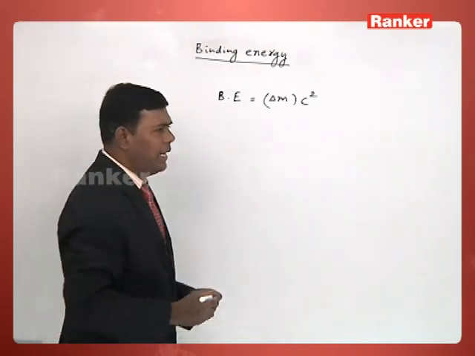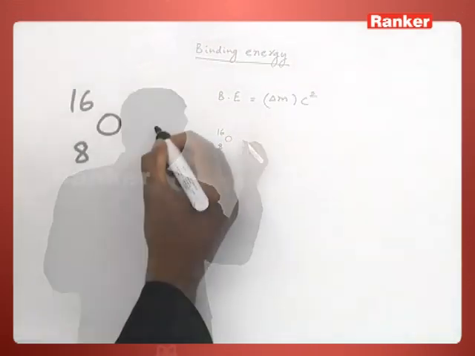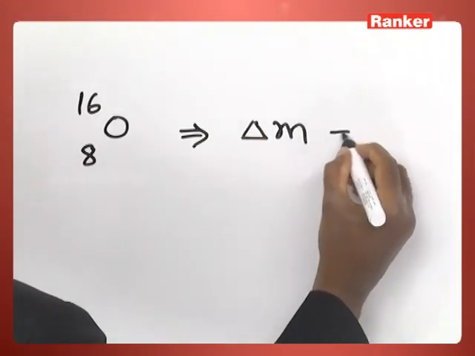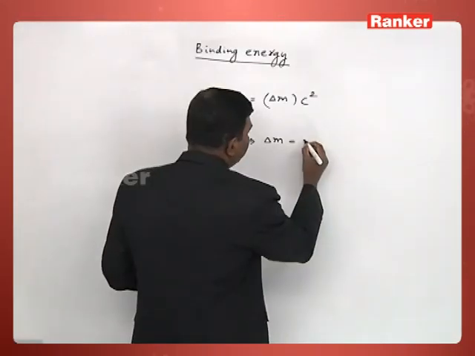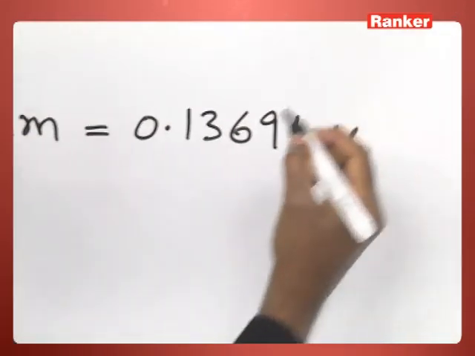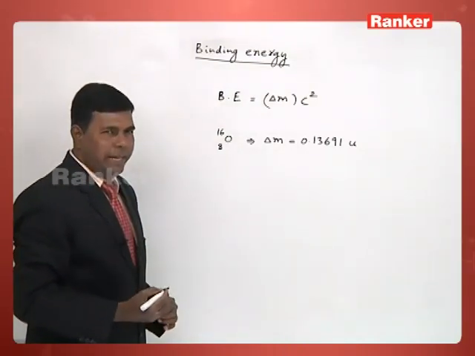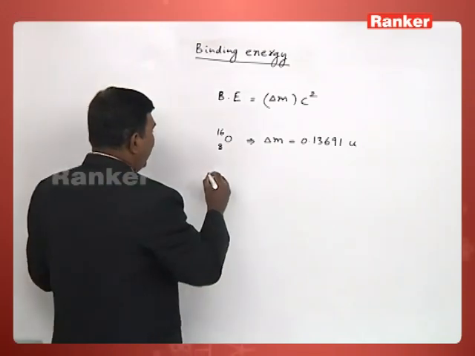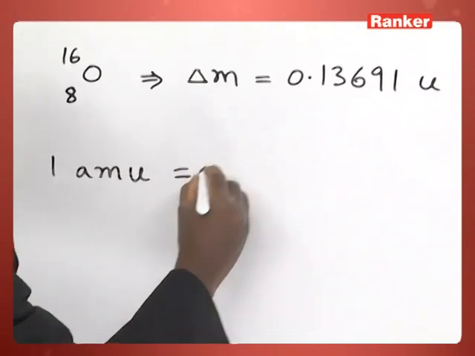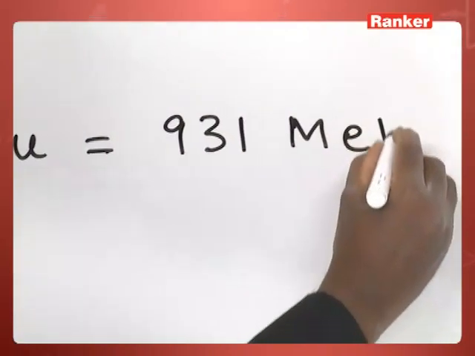For example, in the earlier case, we calculated the mass defect of the oxygen nucleus, delta m, to be 0.13691 atomic mass units. Generally, one atomic mass unit when converted into energy is about 931 million electron volts.